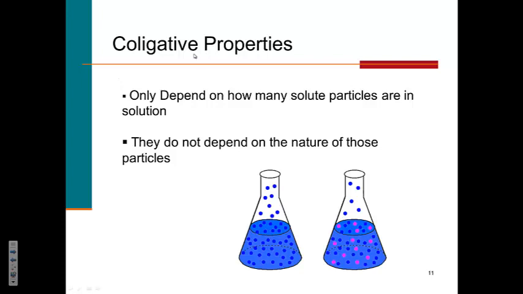Okay. As I mentioned, these colligative properties only depend on how many solute particles are in solution. It does not depend on the nature of those particles. And what they're showing here in these two pictures, these two Erlenmeyers, is pure water on the left, and then on the right we have a solution.